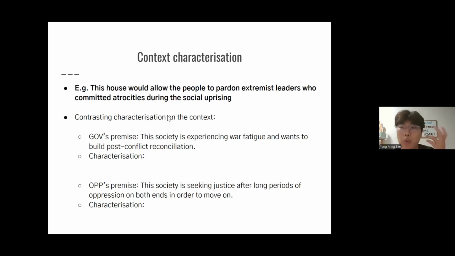So you shouldn't think about where a characterization is needed, but in every part of the argument you should think, what's a characterization for this? What's a characterization for the process? What's a characterization for the outcome? It's not just, here's the process, do I need a characterization for this? No, every part of the argument has to have some form of characterization. Characterization is just telling me how it will be like in your world and what it would be like on your side, which is basically the basis of debating in general. So that's why you have to have every part of it.